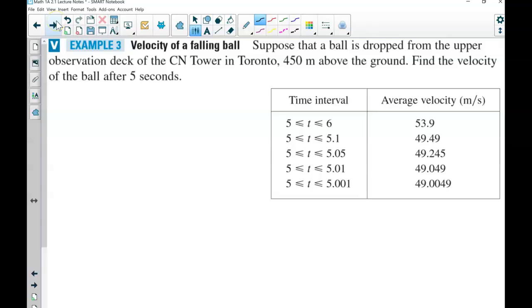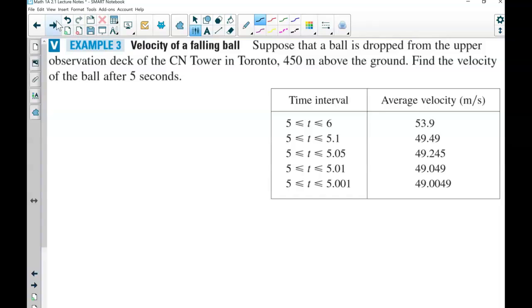All right, so through experiments that were carried out 4 centuries ago, Galileo discovered that the distance fallen by any freely falling object is proportional to the square of the time it has been falling. This model for free fall neglects air resistance. If the distance fallen after t seconds is denoted by s of t and measured in meters, then Galileo's law is expressed by the equation.